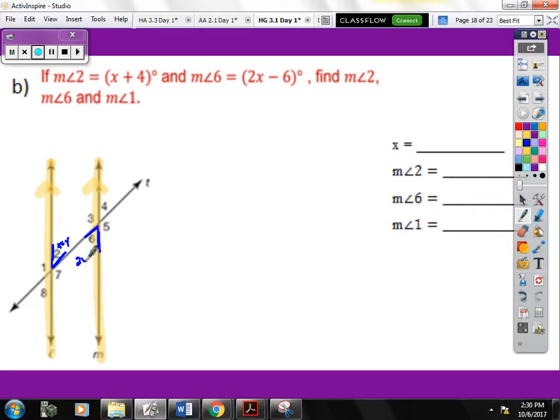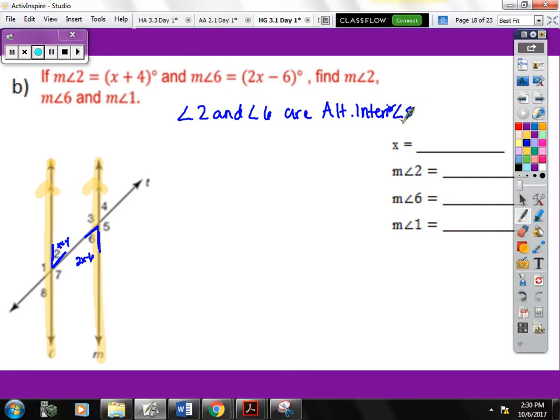is 2x minus 6. Now the first thing you have to ask yourself is to classify what type of angles these are. Well, they are inside of my lines, so they're interior, both of them are inside, and they alternate. So angle 2 and angle 6 are alternate interior angles.